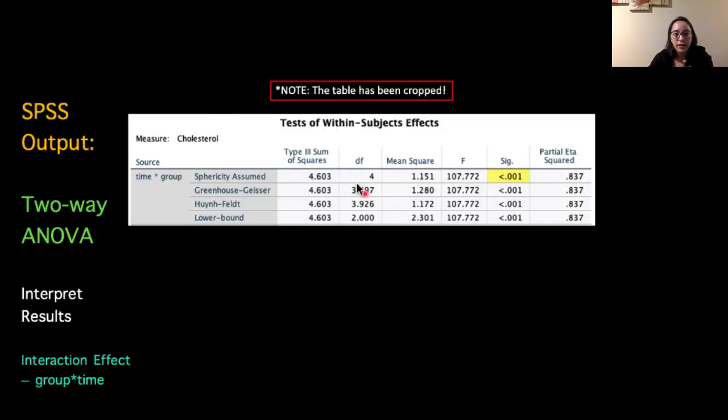In this next slide, I have cropped the table so that we have room for the interpretation portion. But we have a p-value for our interaction. Again, at sphericity assumed because we had met our assumption for time. We have a p-value less than 0.001.